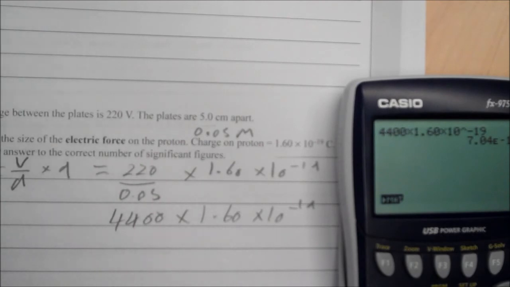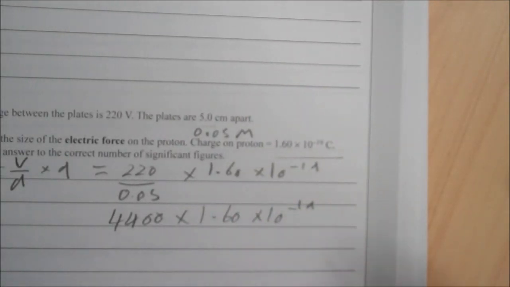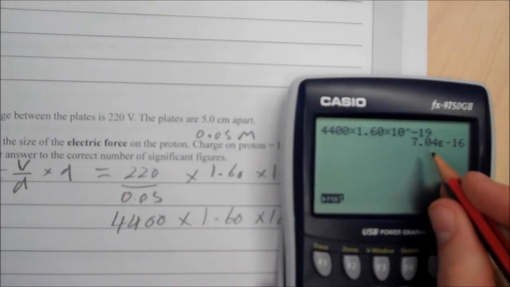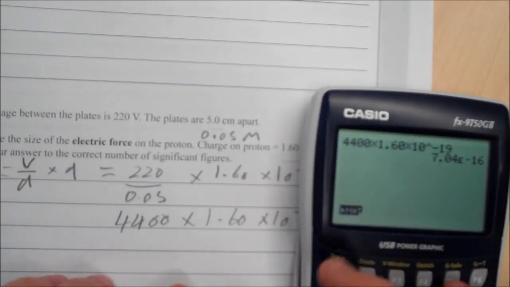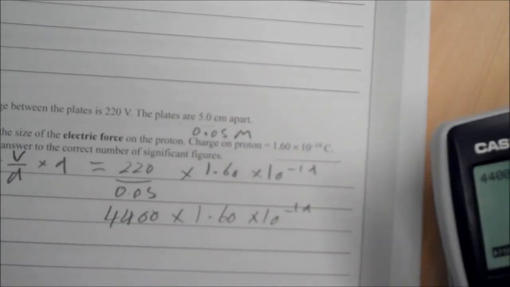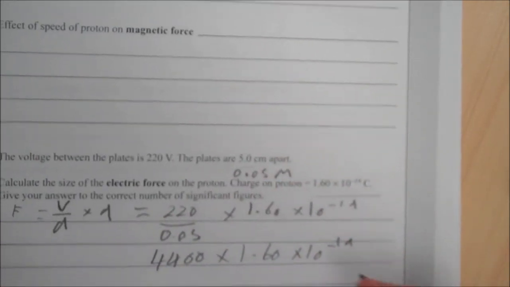Right, so that's equal to, we have to give it to the right number of significant figures, which is going to be 2 in this case, as the lowest we have is 2 for the distance.